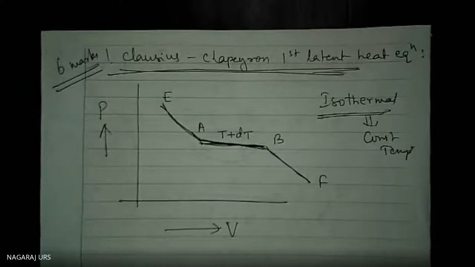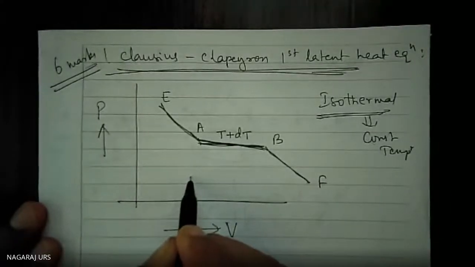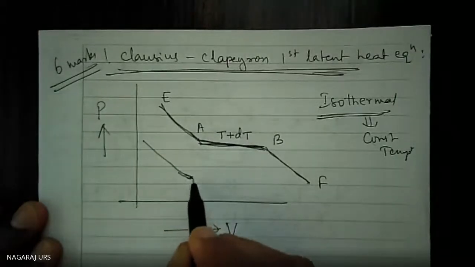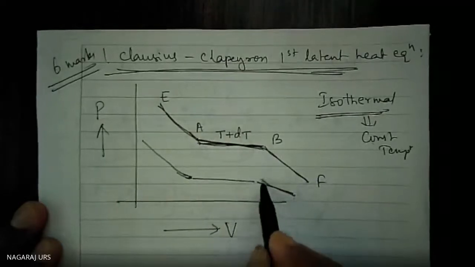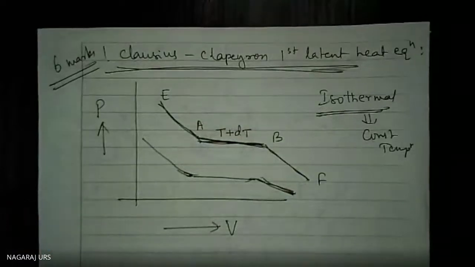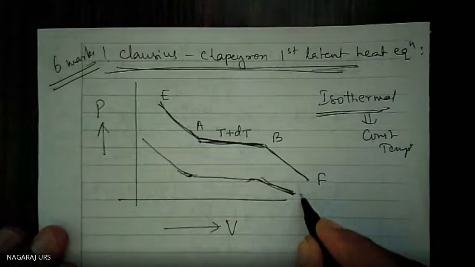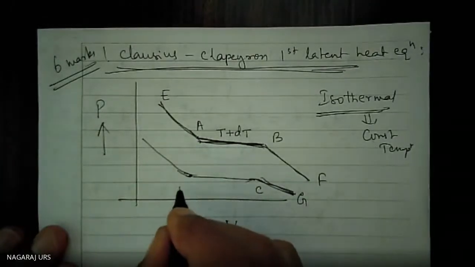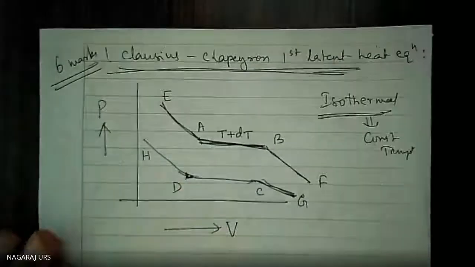Similarly, I am going to draw one more curve here, another isothermal curve like this. For this isothermal curve, I can code this as G, this is C, this is D, and this is the H point.